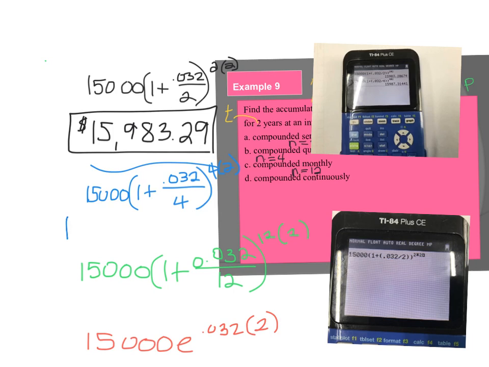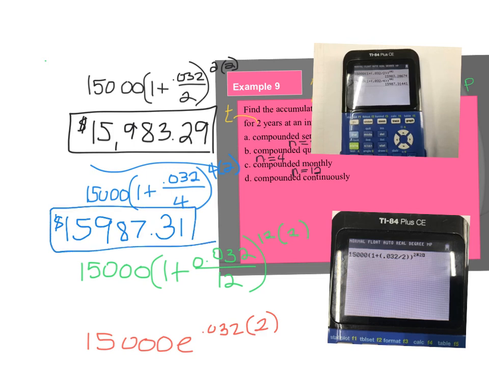So that would be $15,987.31. And then I would do it again, arrow up. This time the bottom is 12, and it'd be 12 times 2 in my exponent.